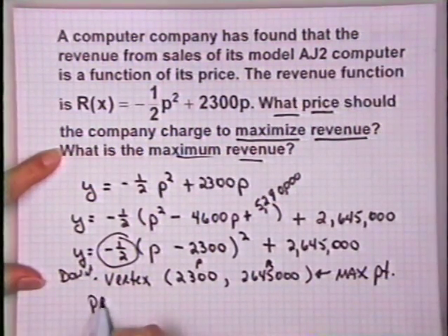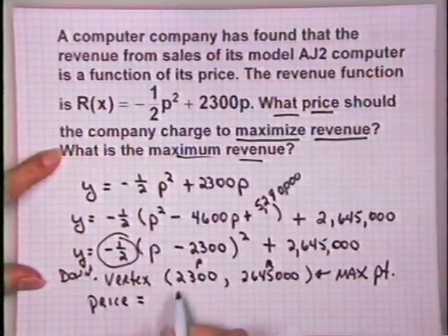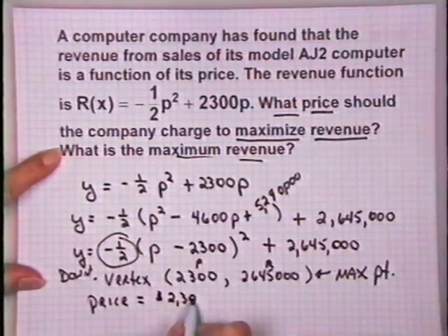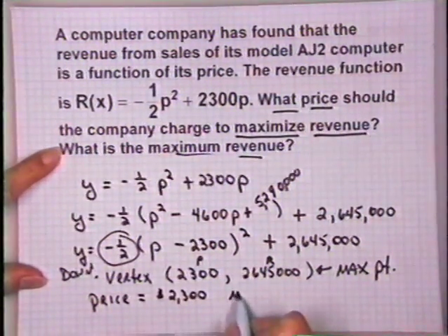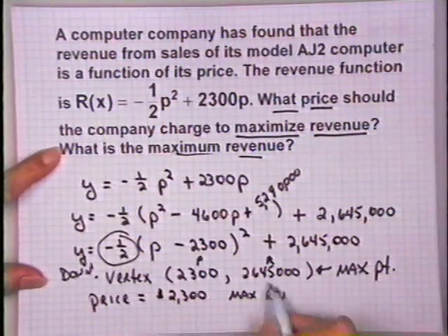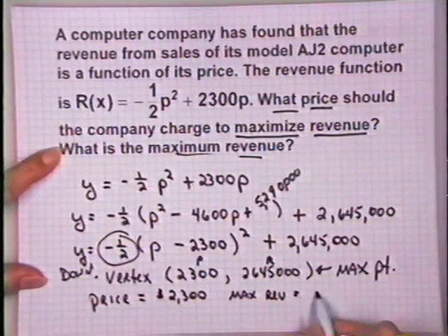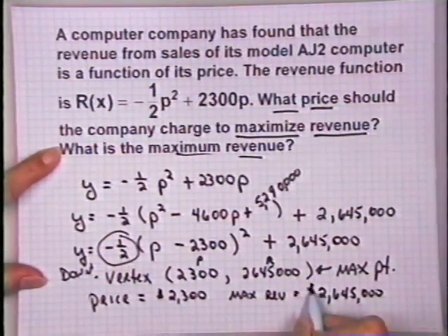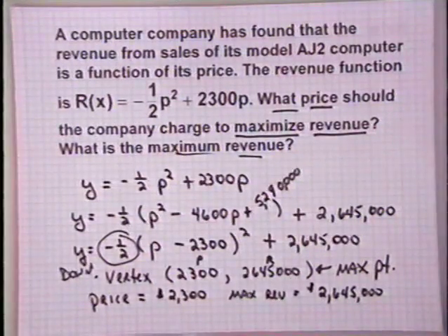Well, the price to give the biggest revenue should be this $2,300, which is the price of this computer, and the maximum revenue is this second number here. Maximum revenue is $2,645,000, and we can answer that question simply by finding the vertex of our parabola here. So you can see here how a simple model like this might be real beneficial to a manufacturing company to work with how to price their items.